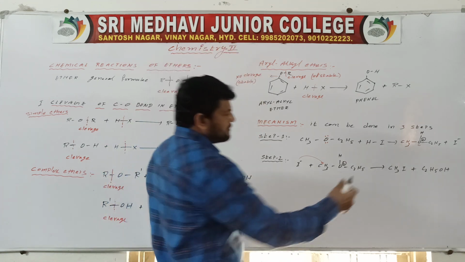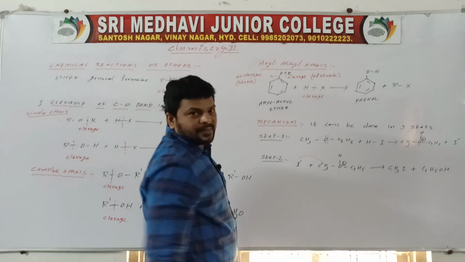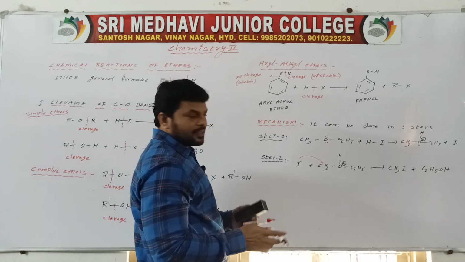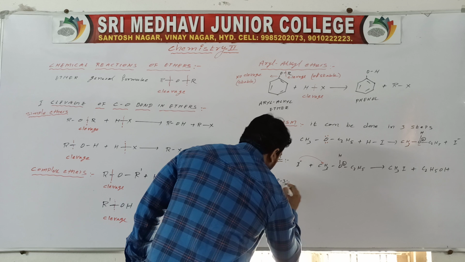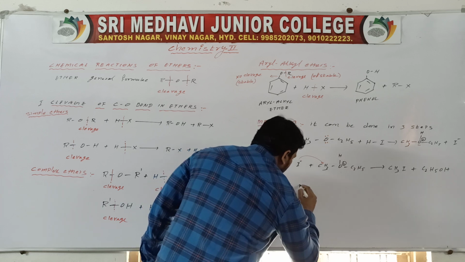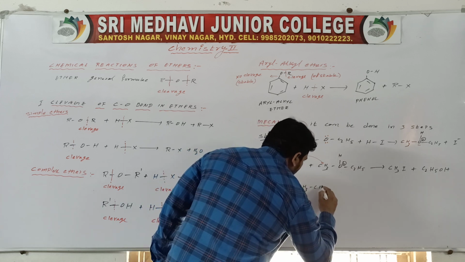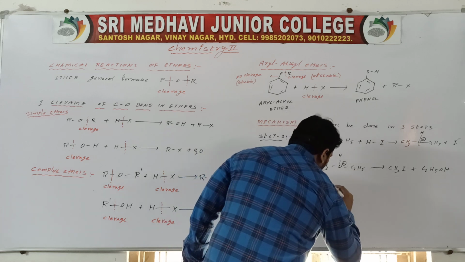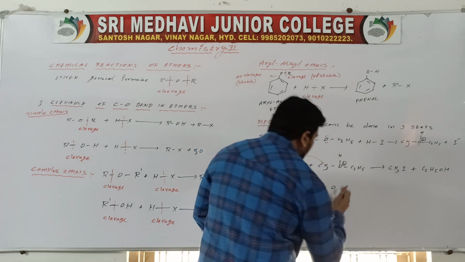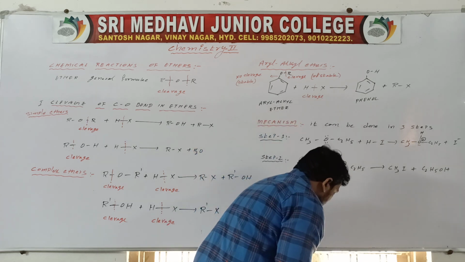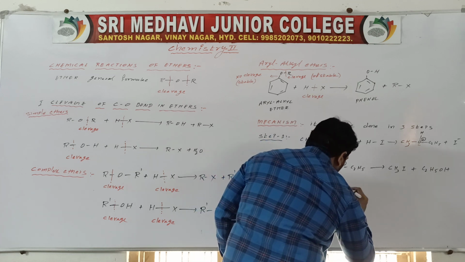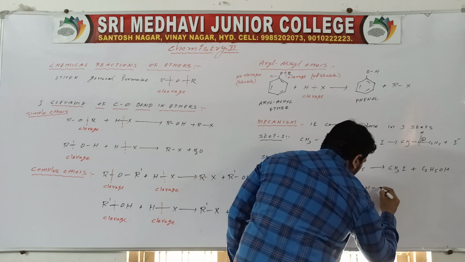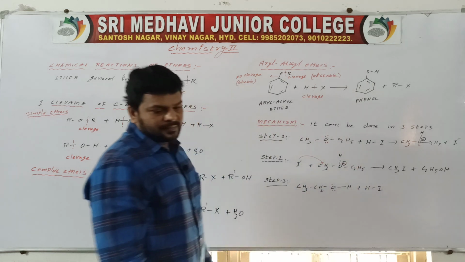Then in step 3, the alcohol reacts with HI. The alcohol CH3CH2O has 2 lone pairs. Alcohol reacts with HI.